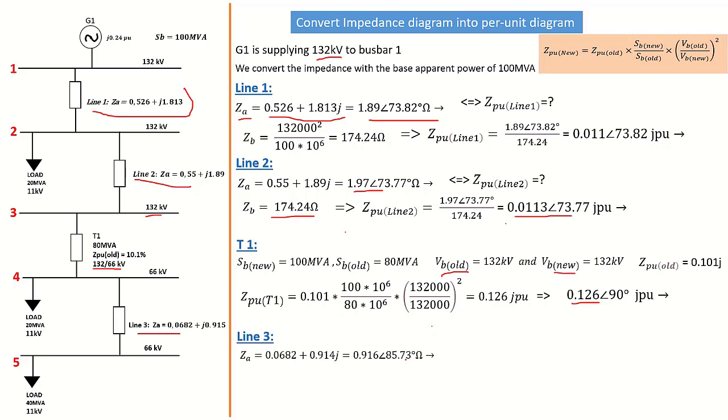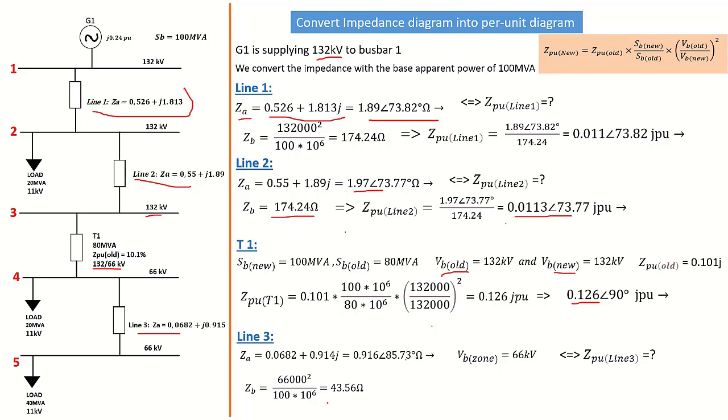As always, we convert our actual impedance into polar form. Then the interesting thing now is that our zone voltage, V base for the zone, is now 66 kilovolt. It's no longer 132 like in the previous busbars. From there, we know the formula for ZB, and the ZB formula is VB squared over SB new, which is the base MVA that we are using to calculate the entire network.